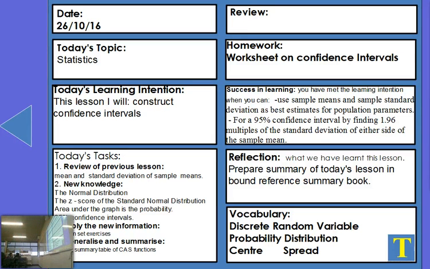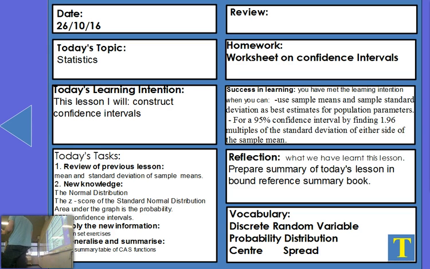Okay. Alright, so we're going to construct confidence intervals. Now what I want you to get out of this lesson is knowing how and when to use sample means and sample standard deviations. And we're going to use them as estimates, the best estimates for the population parameters.